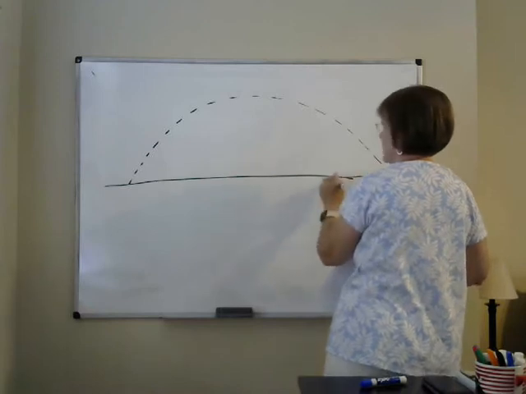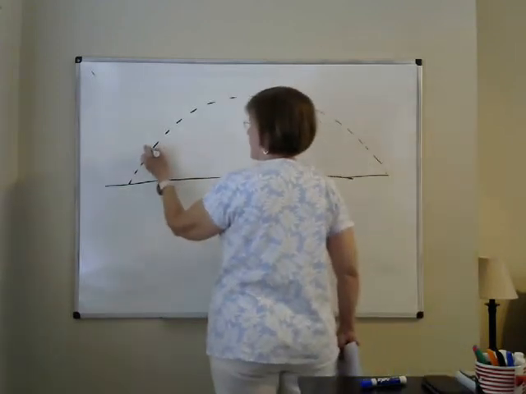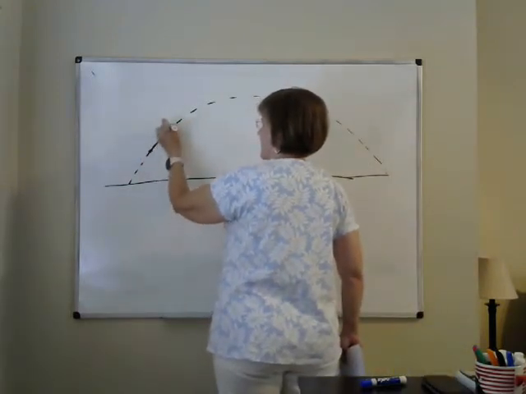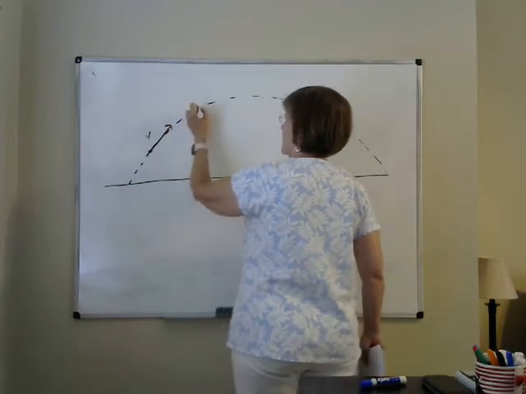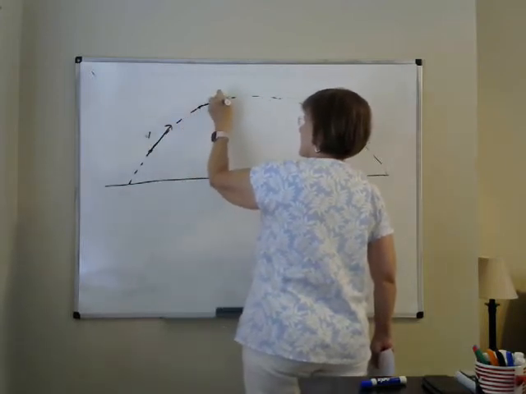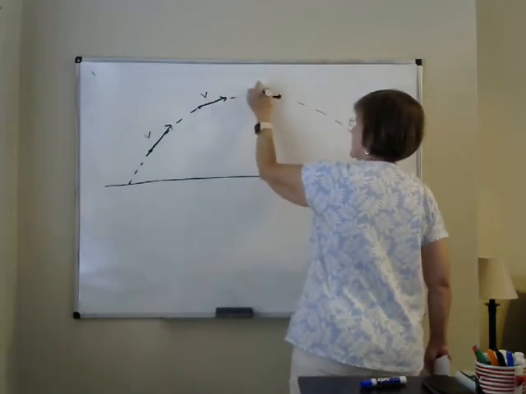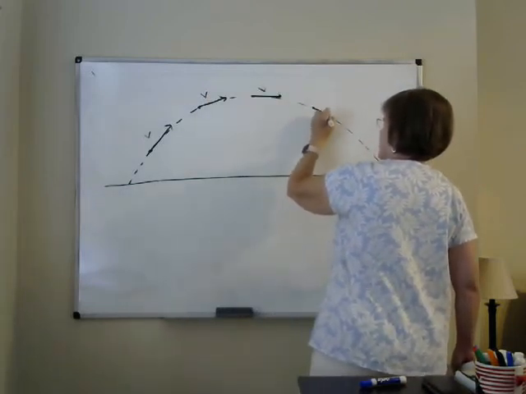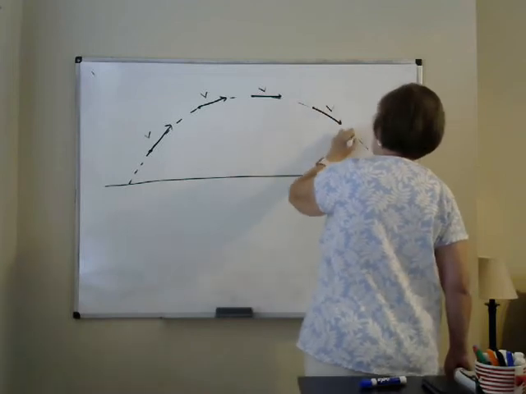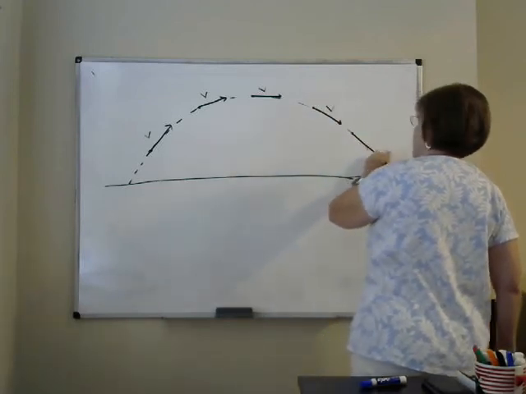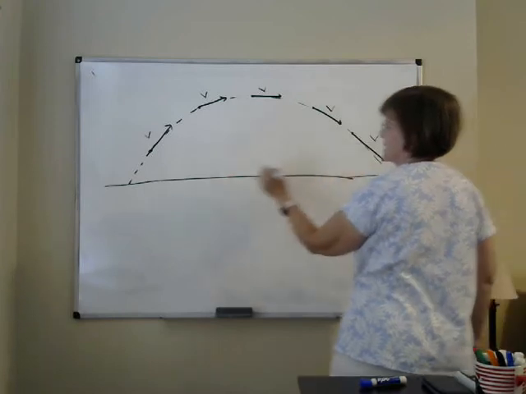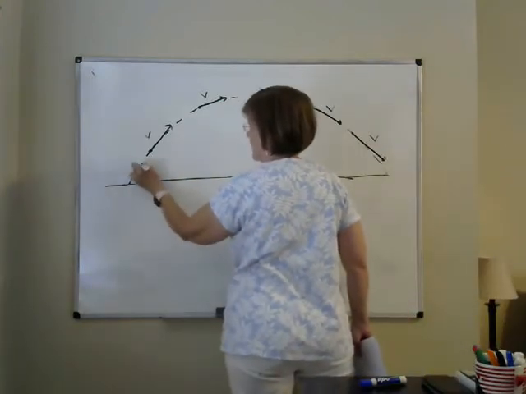What you see is, at this point, the velocity looks like this. And at this point, it looks more like this. And at the top, it looks pretty much horizontal. And here, it looks like this. Notice it's going to get faster as it falls, just like it was fastest right here where they kicked it.